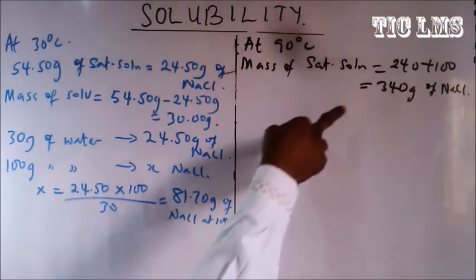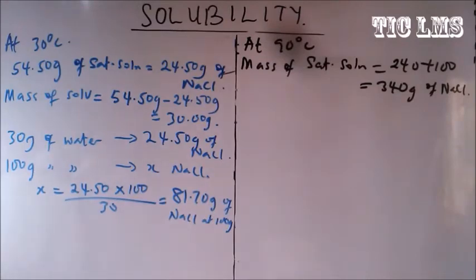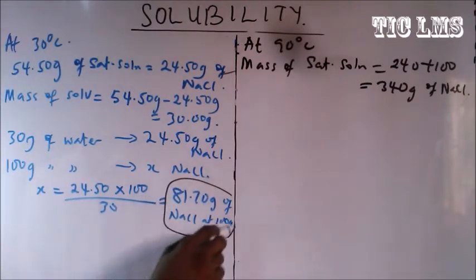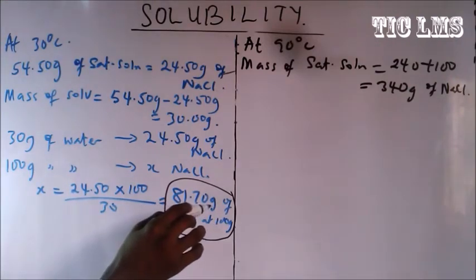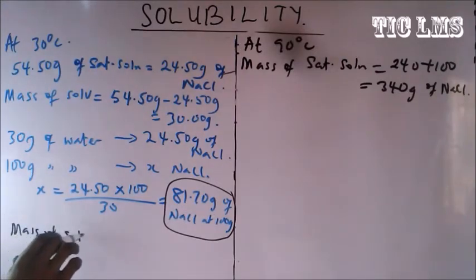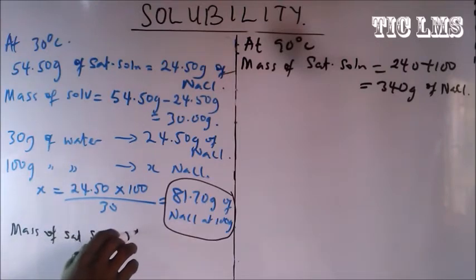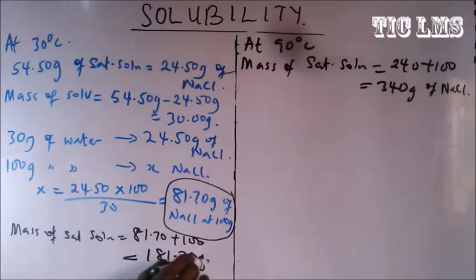Now we have that 340 gram of sodium chloride solution, which is saturated at 90 degrees Celsius, and at 30 degrees Celsius we have 81.70 gram of sodium chloride at 100 gram of water. So for this one, the mass of the saturated solution here is the mass of the salt plus the mass of water, and that gives 181.70 gram.